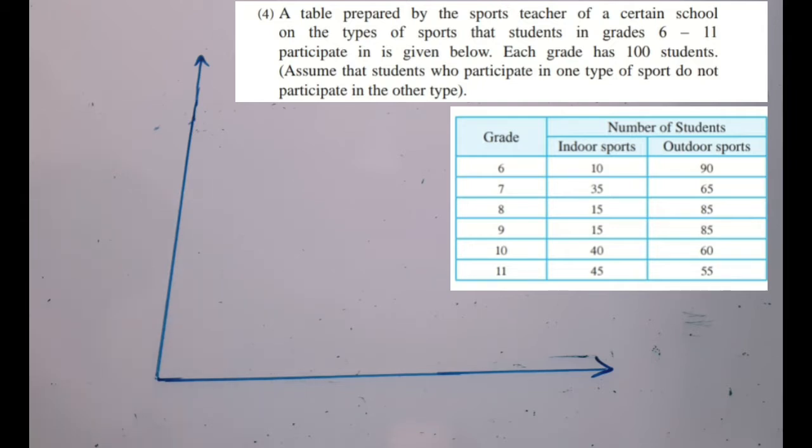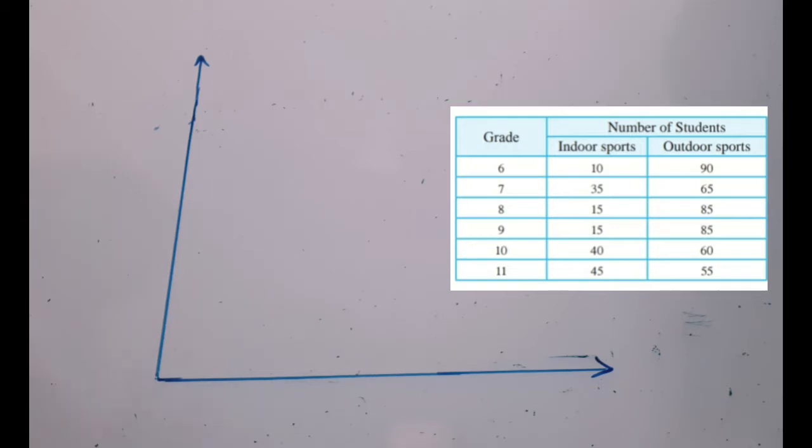In the first column they have denoted the grades from 6 to 11. The second and third columns represent the number of students who participate in indoor sports as well as outdoor sports. The first thing you have to do here is name the horizontal and vertical lines.